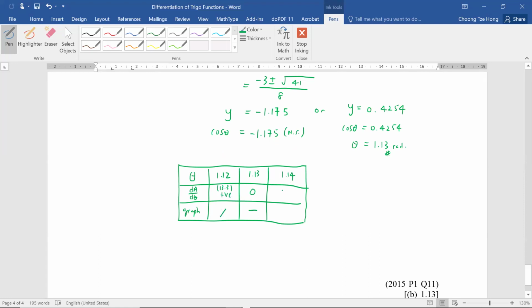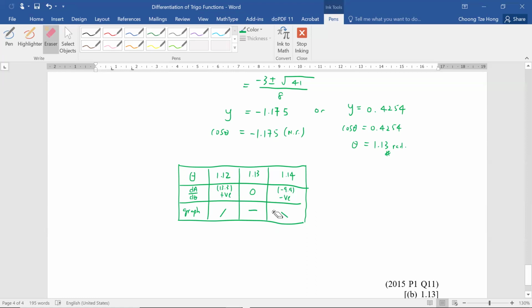If you put in 1.14, you get negative 9.9, a negative value, so it goes this way. So you can see the shape. If you join up, you get a maximum point.